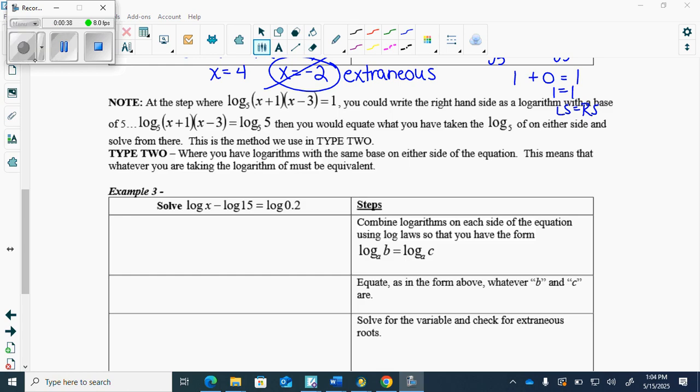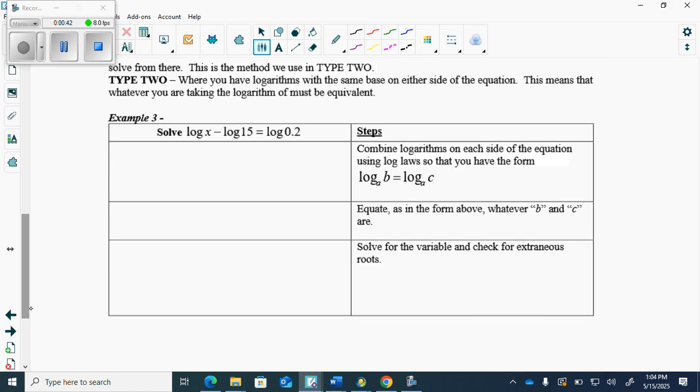So we can do what we did yesterday. We can go log x minus log 15 minus log 0.2 equals 1.